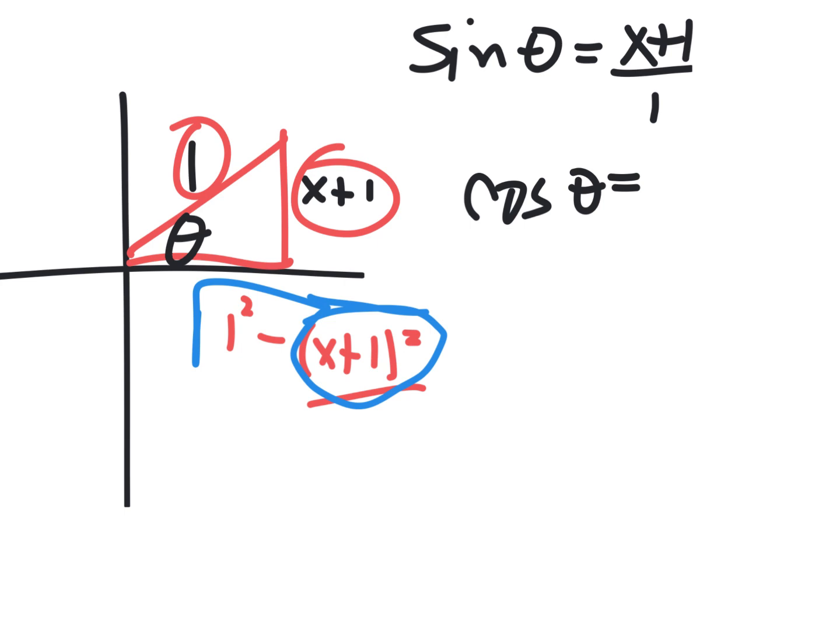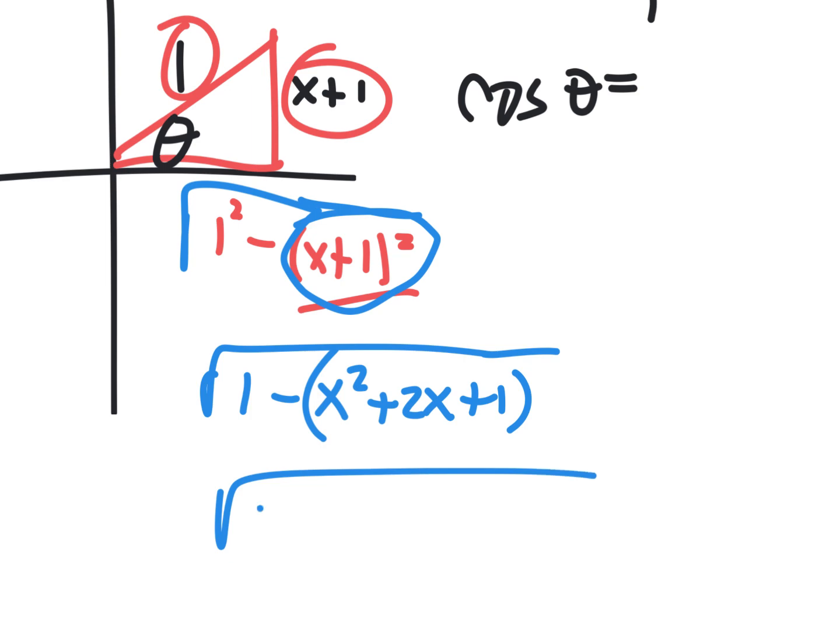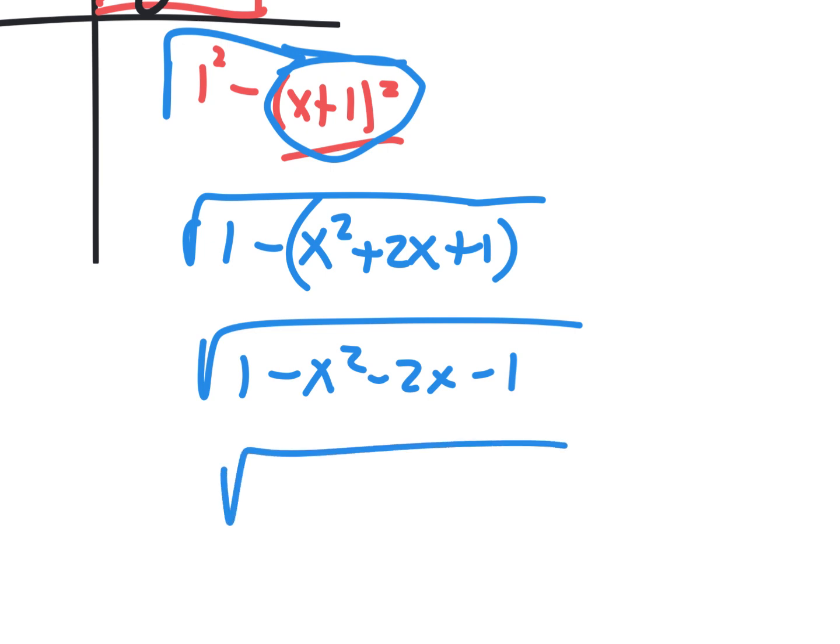All right, so let's actually simplify this down. Square root of 1 minus x squared, and I've got to be careful with that negative. I've got to really distribute it to everything, right? Plus 2x plus 1. And then when I distribute that negative, I get 1 minus x squared minus 2x minus 1. And the 1 minus 1 will be gone, but I've got square root of negative x squared minus 2x. Don't ever try to simplify it down and get the square root out of there when there's variables.